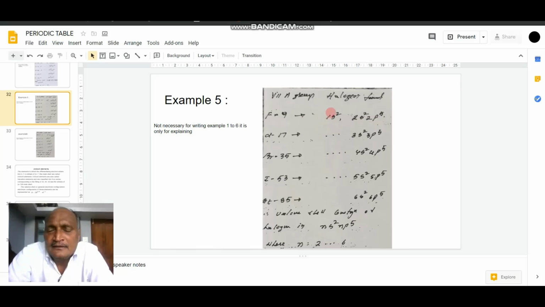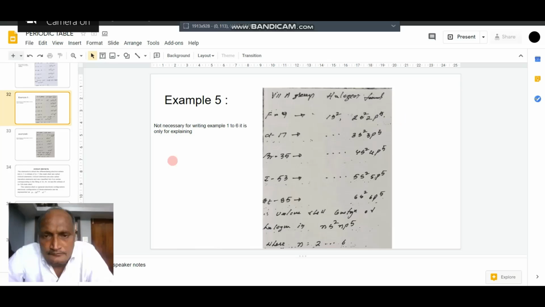In fluorine, totally 5 electrons are entering into p subshell as 2p5. Hence, fluorine is a p block element.